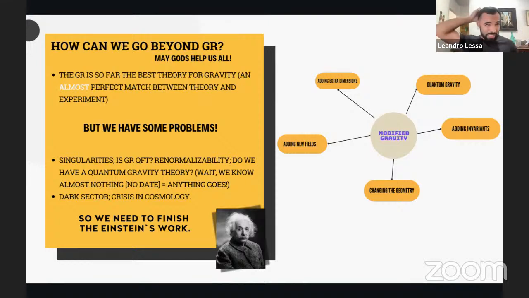But for me, this is the worst problem in general relativity. We don't know if the theory of gravity has some quantum behavior. Sometimes we try to construct theories that introduce these new behaviors, but this has a problem. Personally, I think the problem with quantum gravity is just one: we don't have data.